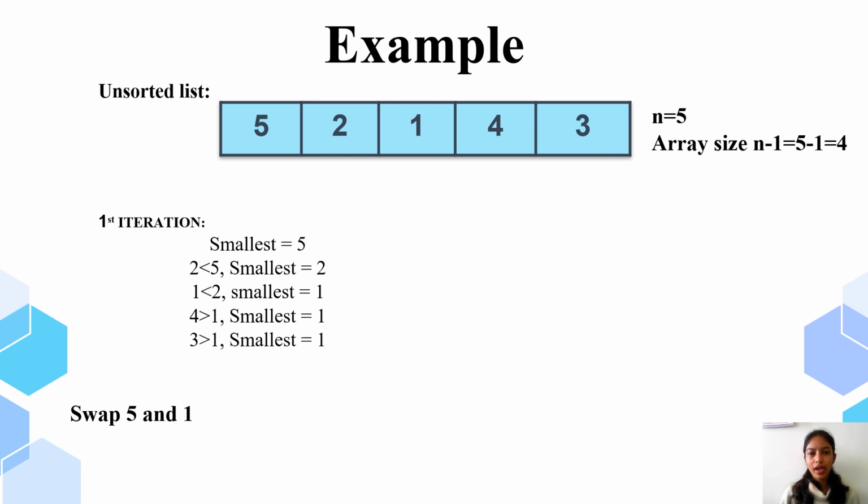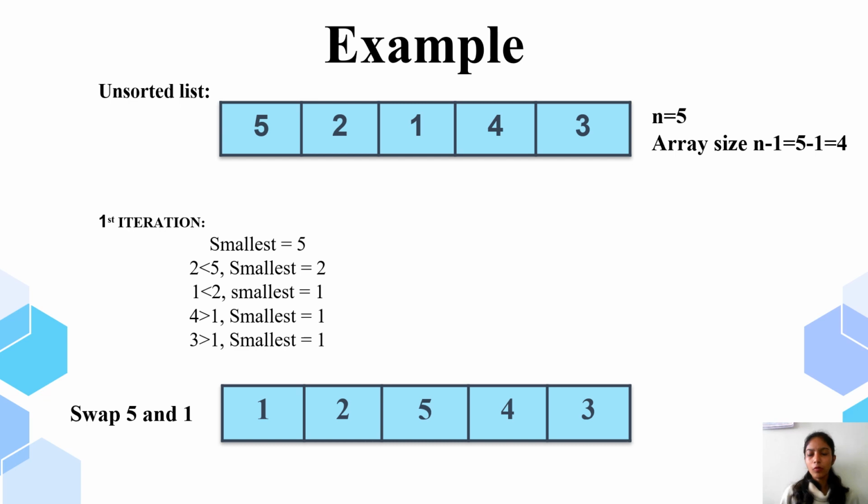First iteration: A[0] is 5, so smallest is 5. 2 is less than 5, so smallest is 2. 1 is less than 2, so the smallest becomes 1. 4 is greater than 1, so smallest is still 1. 3 is greater than 1, so smallest is 1. So we swap 1 and 5, and the list becomes 1, 2, 5, 4, 3.